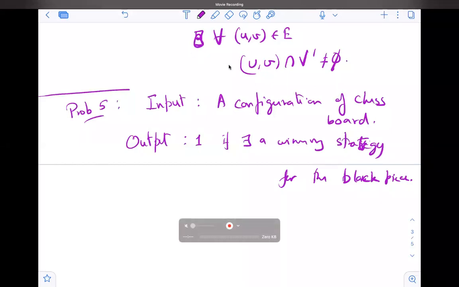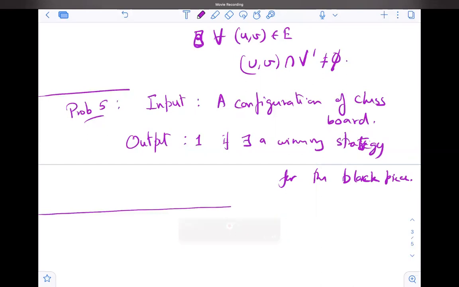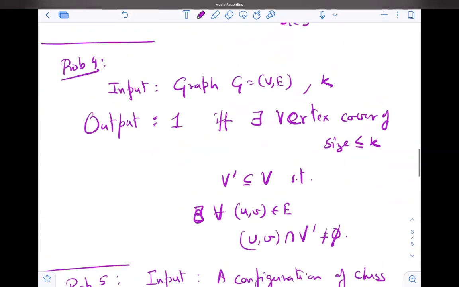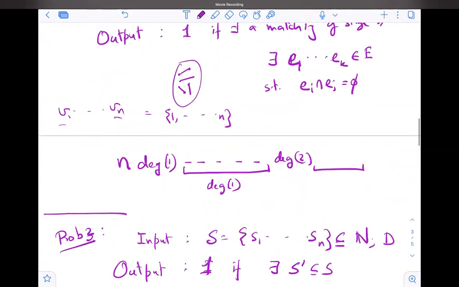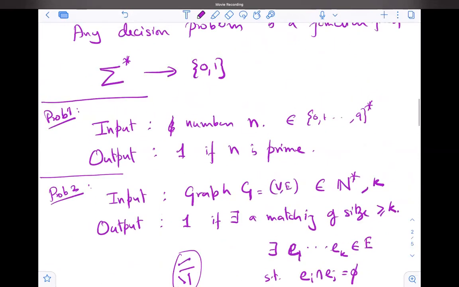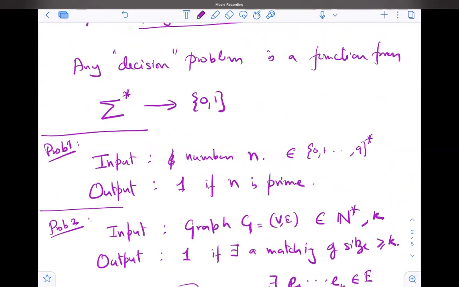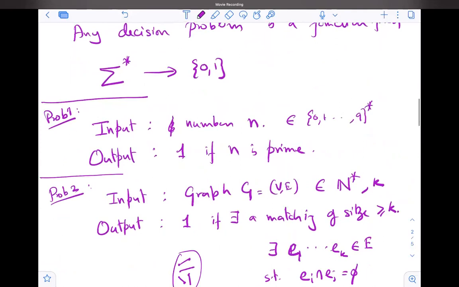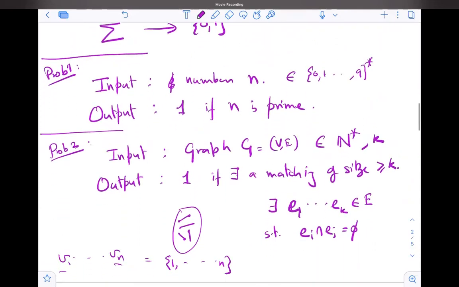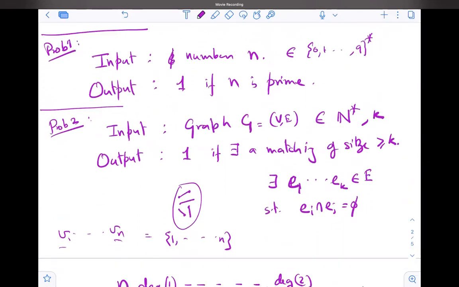So we have a collection of 5 problems that we have got. Now let's try to understand these 5 problems. First of all, what would you like to do with these problems? The first thing you would like to do is solve them.